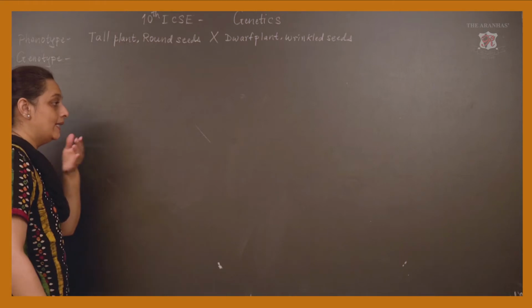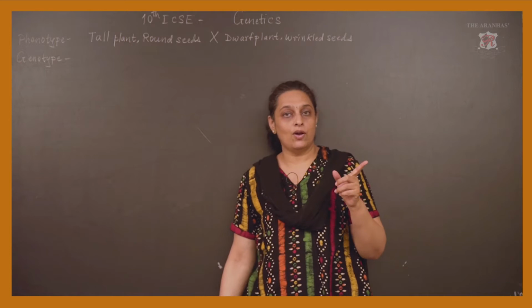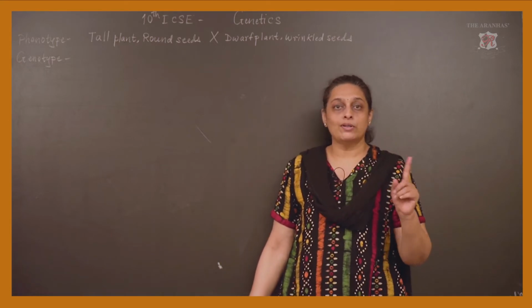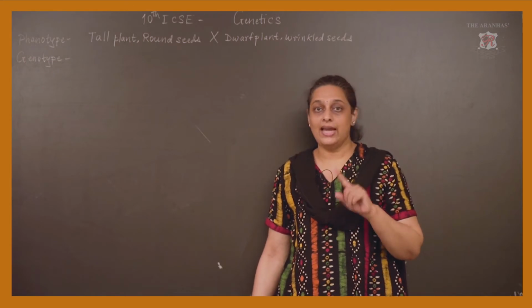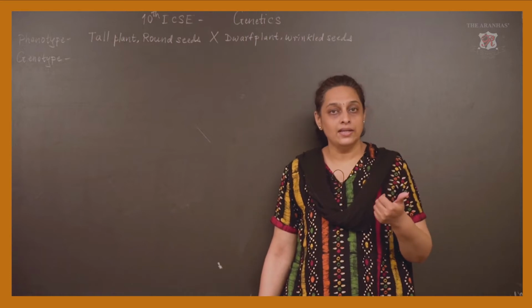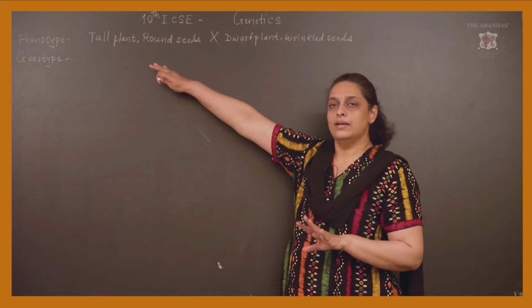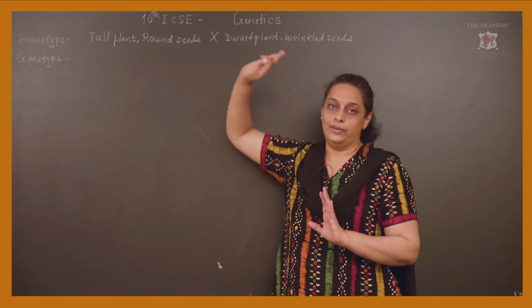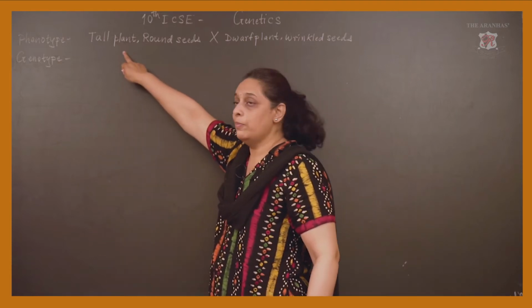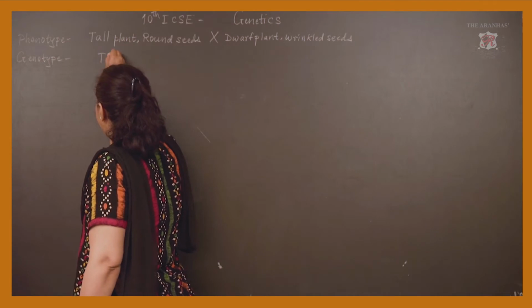Now you know that in monohybrid cross one alphabet was used. For tall and dwarf we had used T, and for round wrinkled we had used letter R. Same method we are going to continue. So what I will do first, for a tall plant I will write capital T twice.